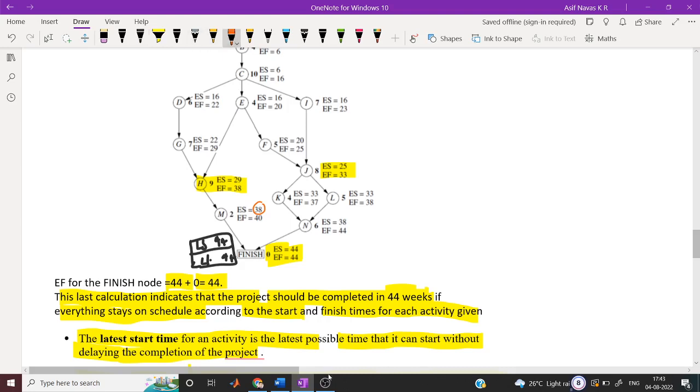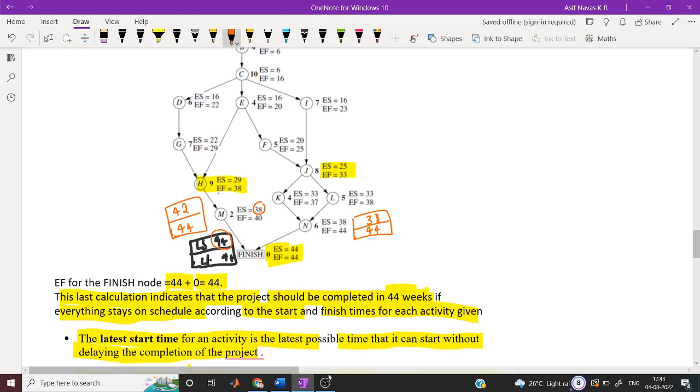Now from here we will take LF as the smallest among these, 44, and 44 minus 40. Now from here also we take LF as 44, and 44 minus 6 is 38. Now similarly from here, 40, 38.